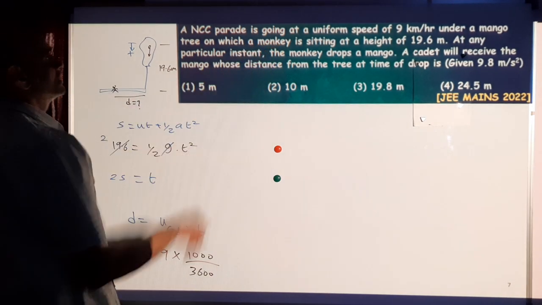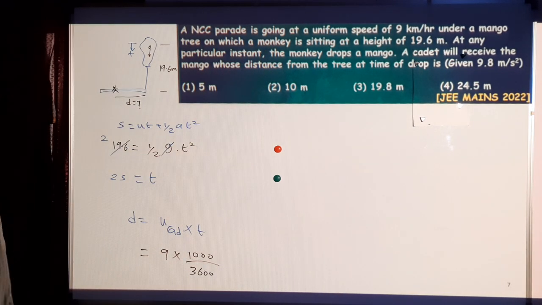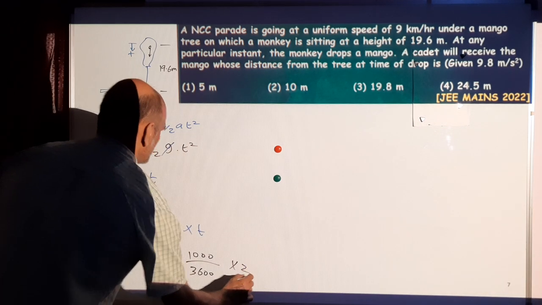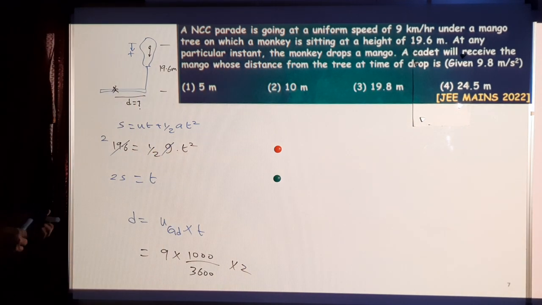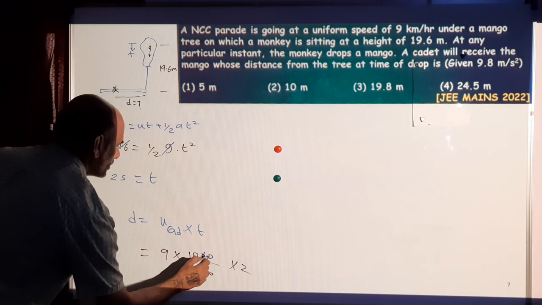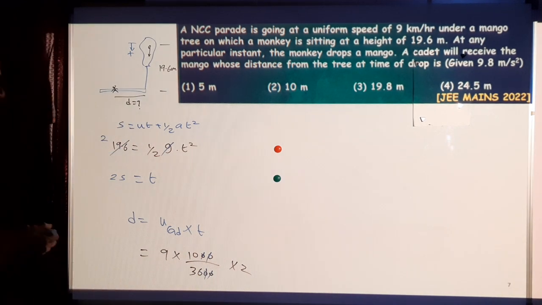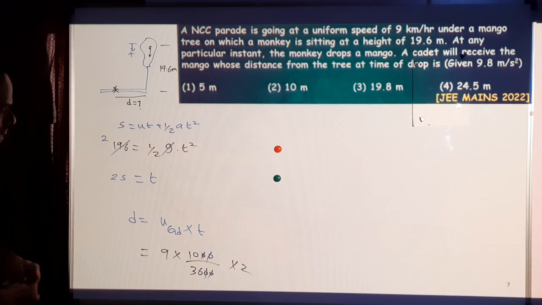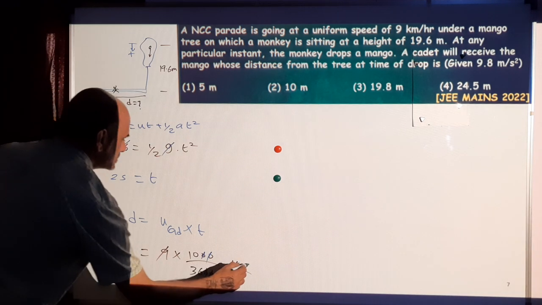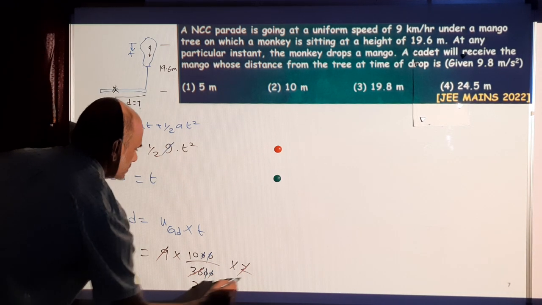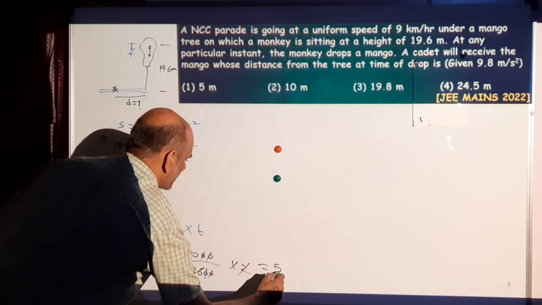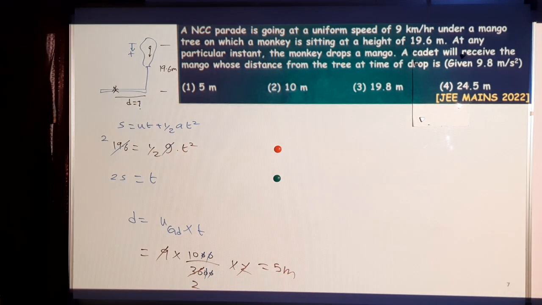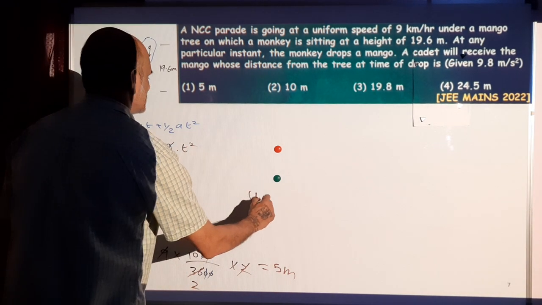Per hour it is that much, so for 1 second it is less by a factor of 1 by 3600, into the time 2. 9 2s are 18. So the answer is 5 meters, SI units. So option 1.